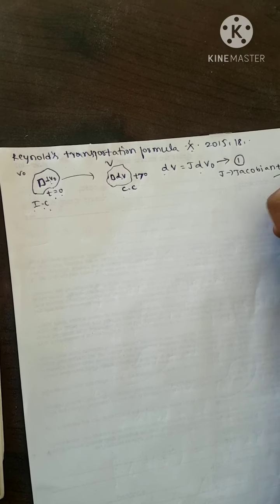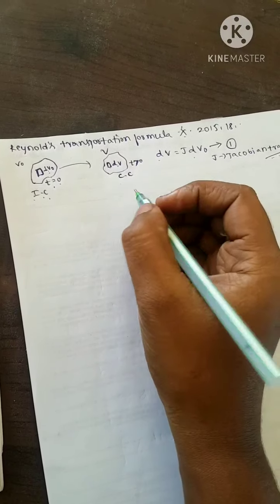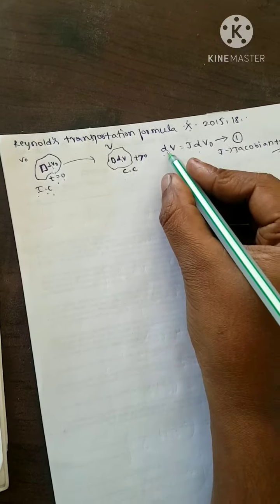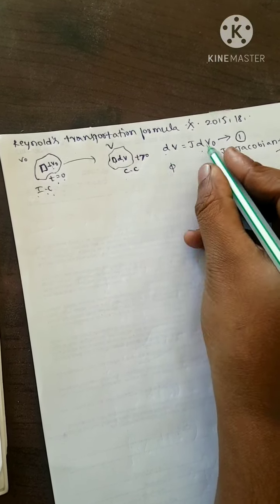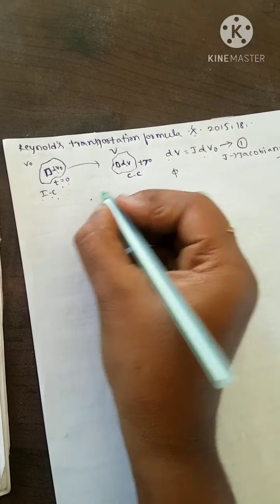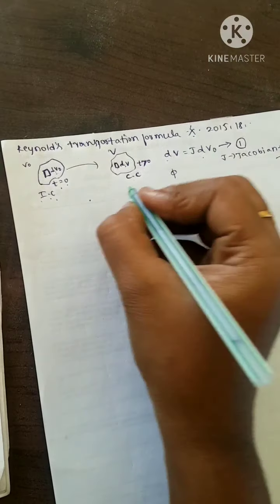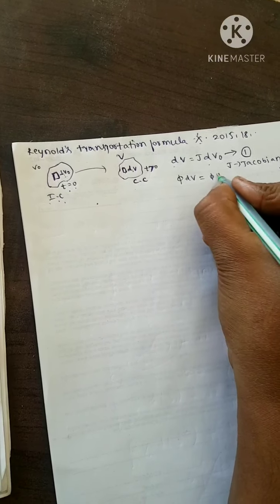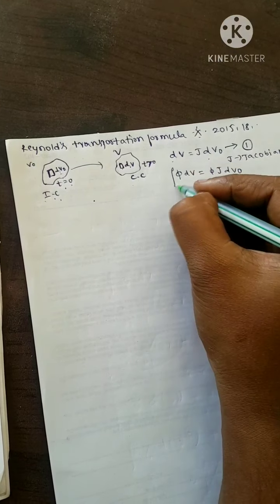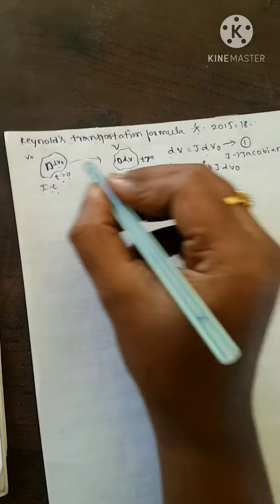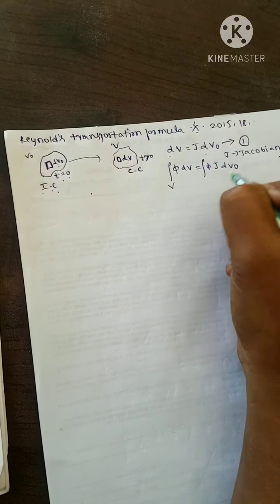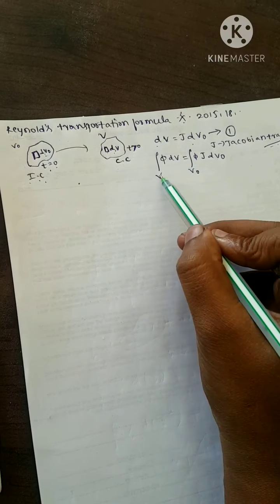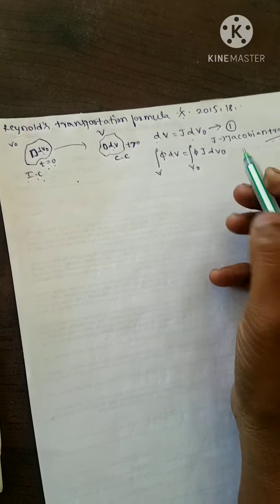Now let me multiply a scalar function pi on both sides of equation 1 and integrate with respect to volume. For element dV the volume is V, for element dV0 the volume is V0. I multiply the scalar function pi and integrate it over the volume.